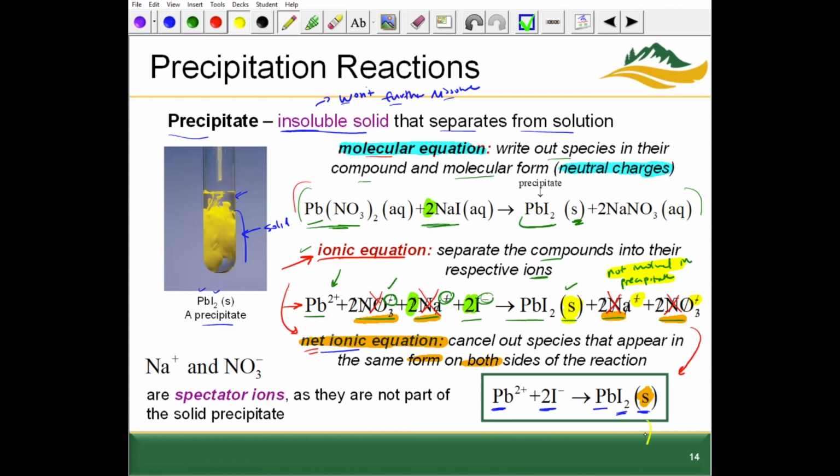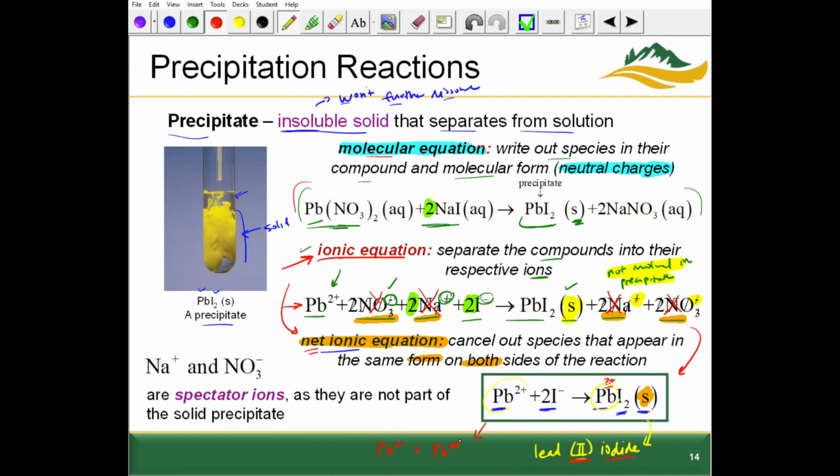Now to write out the full name for this, I should say lead(II) iodide. Why do we need that 2 there? Well, lead can form 2 different kinds of ions. Here it's in its 2+ charge. So from that periodic table, we know that lead can form 2+ and 4+ cations. So because here it's a 2+ charge, the full name would be lead, Roman numeral 2, iodide.